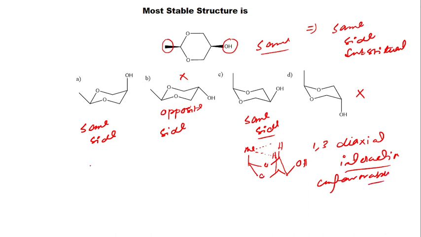But if we look into option A, this is the OH, and first of all we don't have any diaxial interactions here because these are substituted by oxygens. Rather, we can find some hydrogen bonding. So this is stabilized by H bonding.